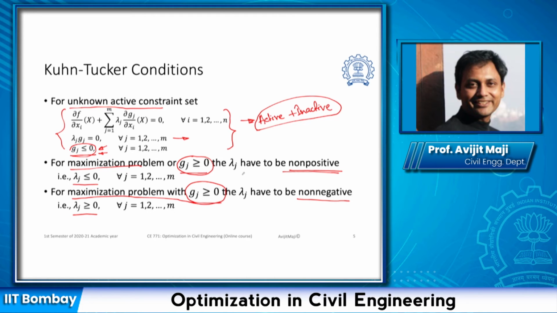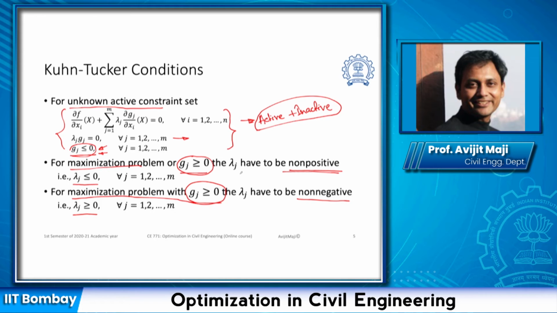However, as I said earlier, the optimization problem must be convex, which means the objective function as well as the constraints are supposed to be convex functions.